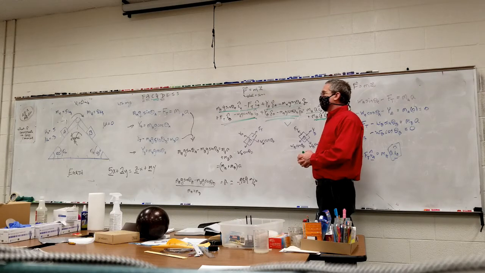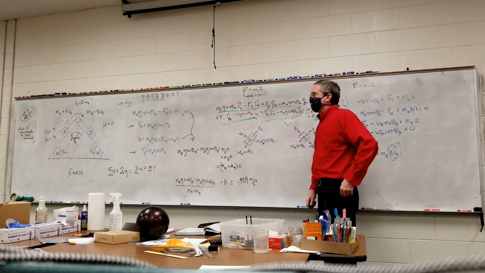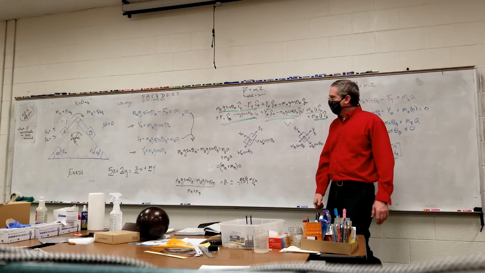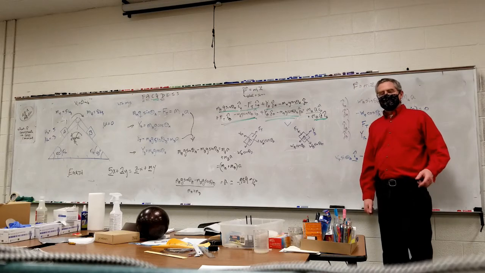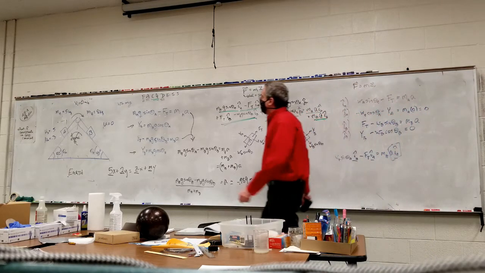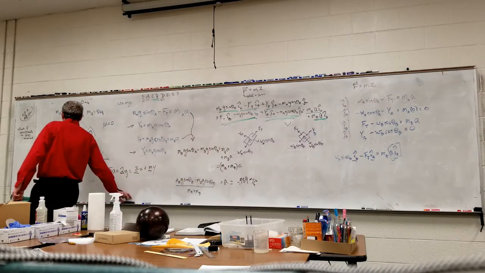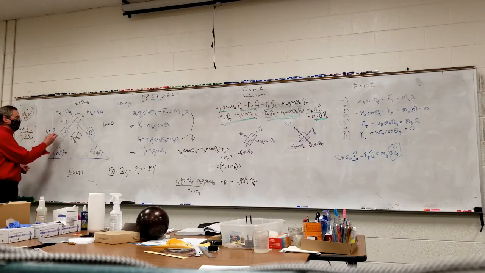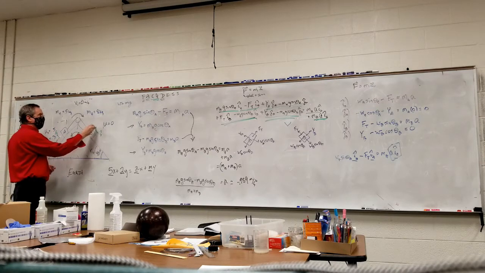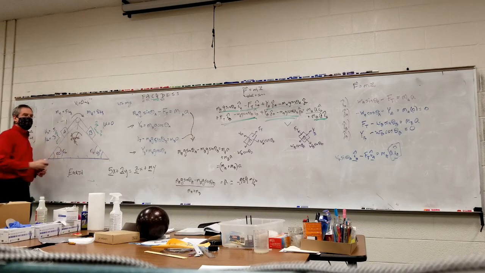I'll stammer through the next answer, and maybe that'll work. Let's see if I can address that one. Suppose we set up a coordinate system like this: i_A hat, j_A hat, and then for this one, i_B hat, j_B hat.